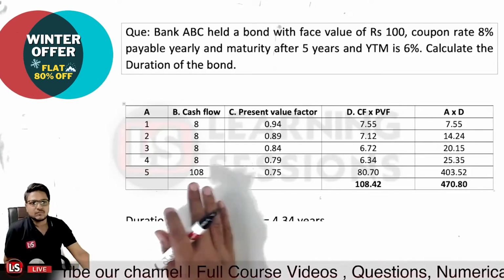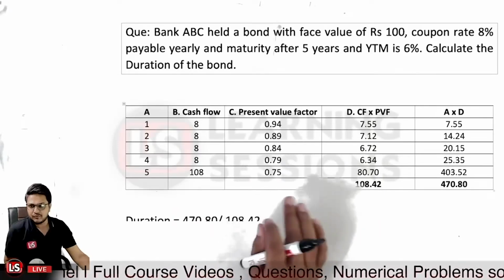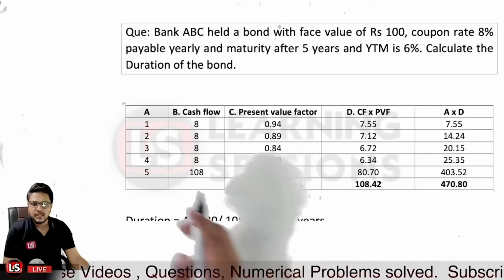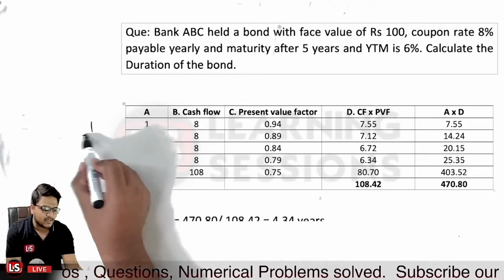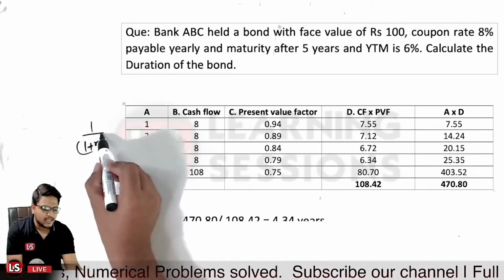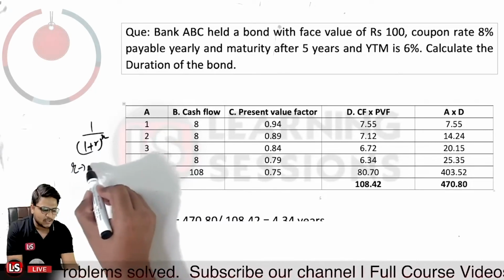Is it clear? In the C column over here, we have the discounting factor. How can one calculate the discounting factor? It is as simple as 1 divided by (1 plus R) raised to the power n. R is the discounting rate over here.